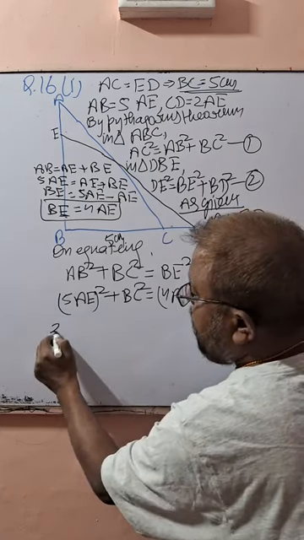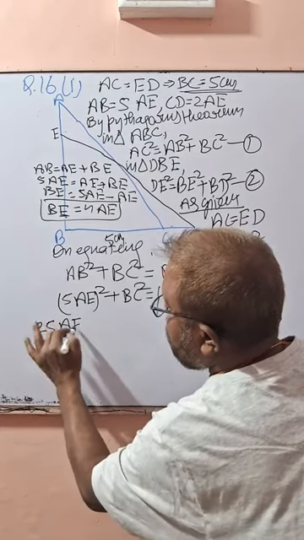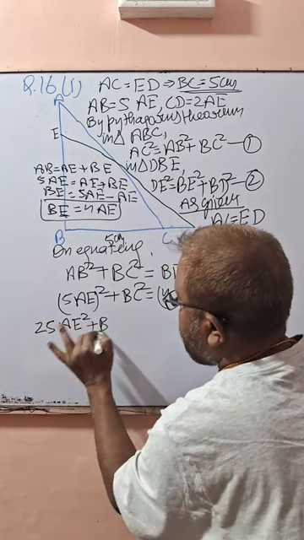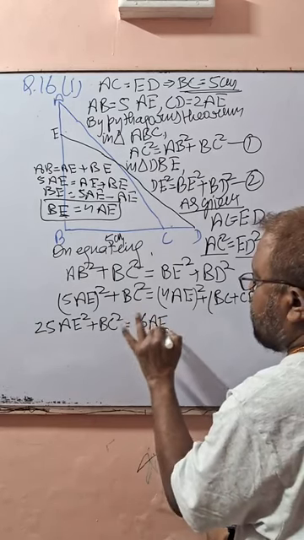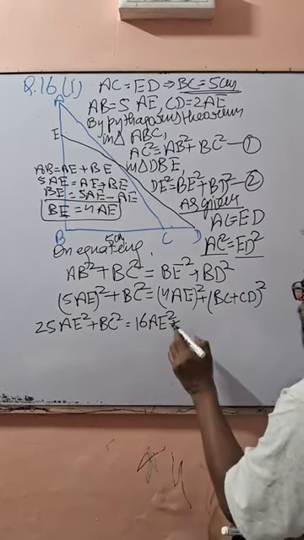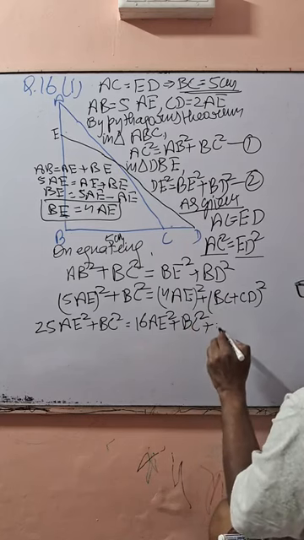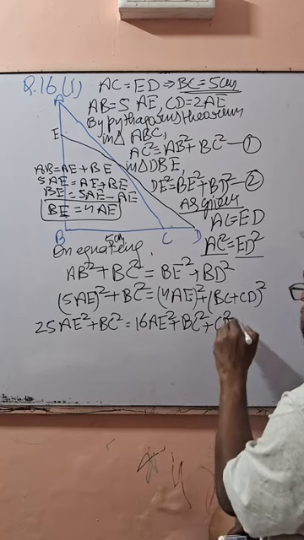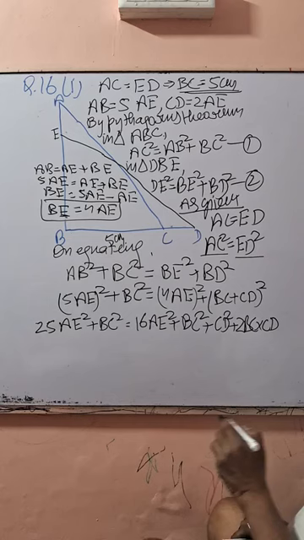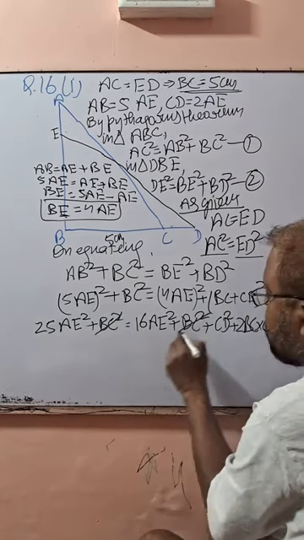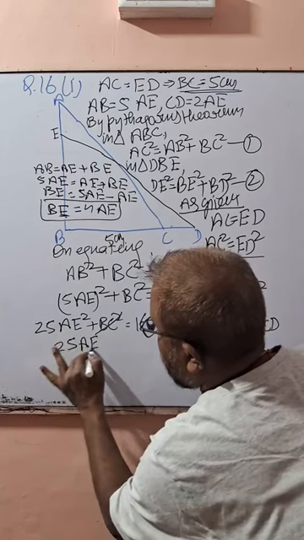Now this is 25 AE square plus BC square is equal to 16 AE square plus BC square plus CD square plus 2BC into CD.